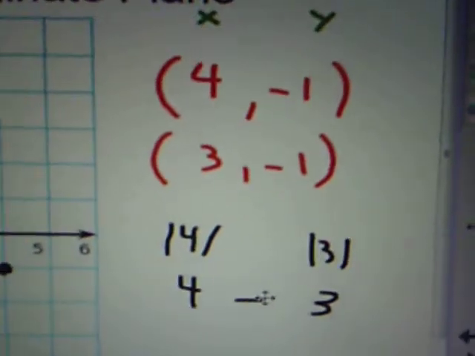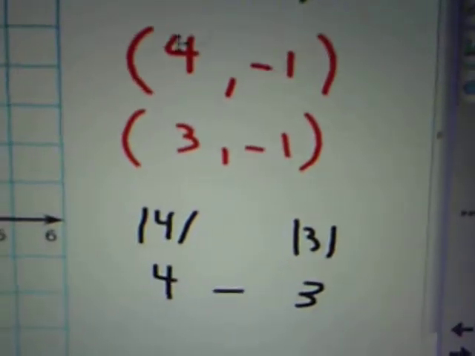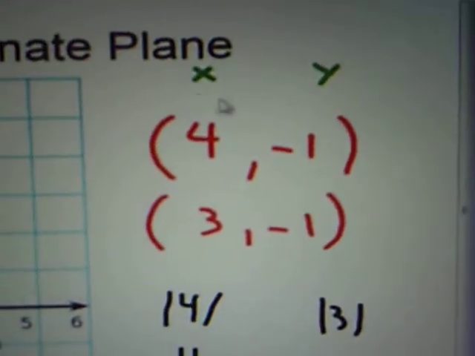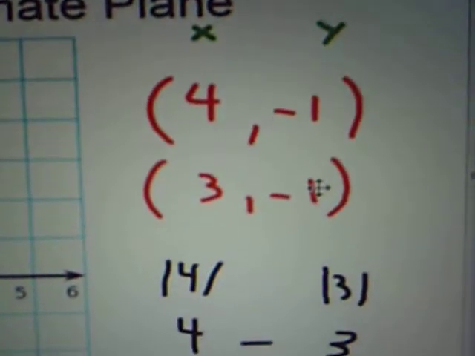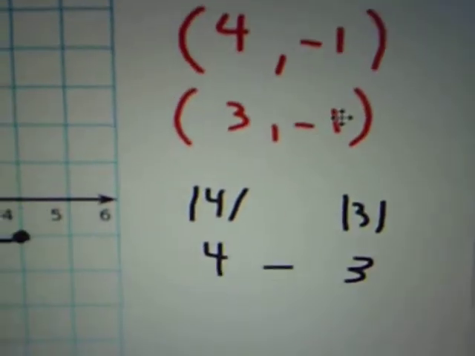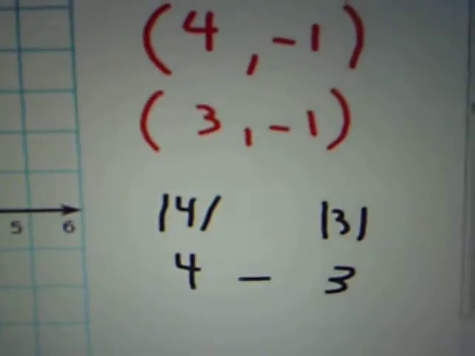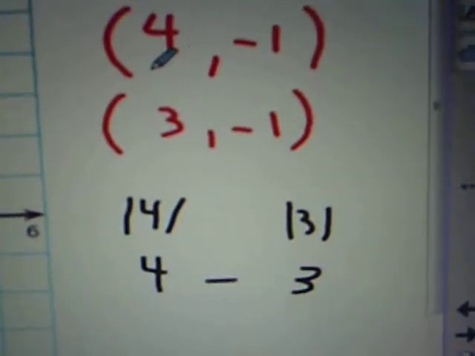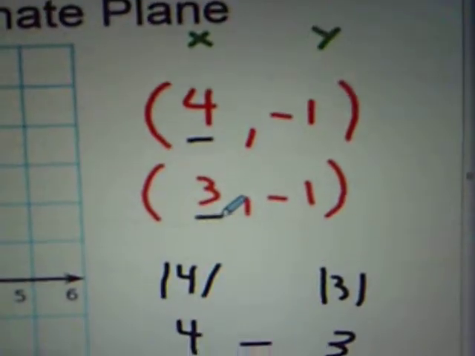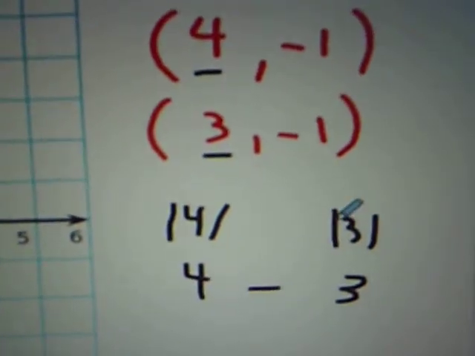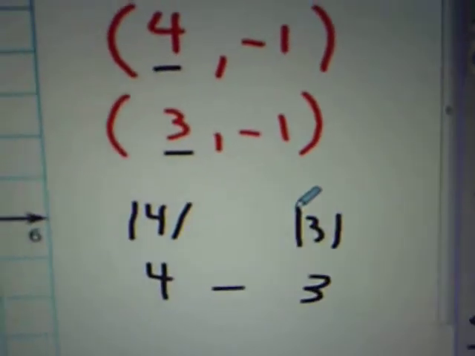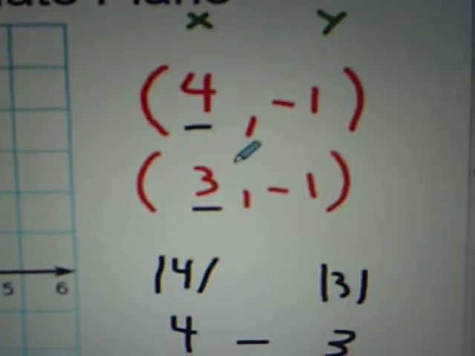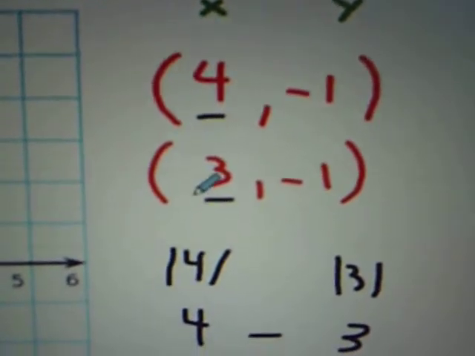So it's literally a matter of looking to see which ones are different. Either the x's are different or the y's are going to be different. Once you find the ones that are different, which in this case is the x's, take the absolute values of both numbers. Then all you have to do is look at the ones I'm using.